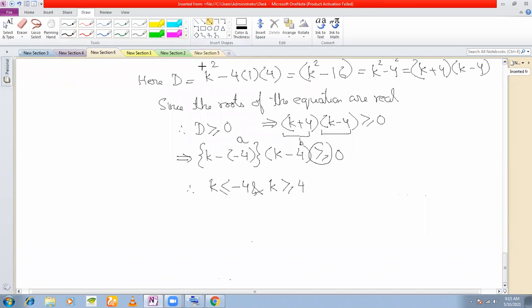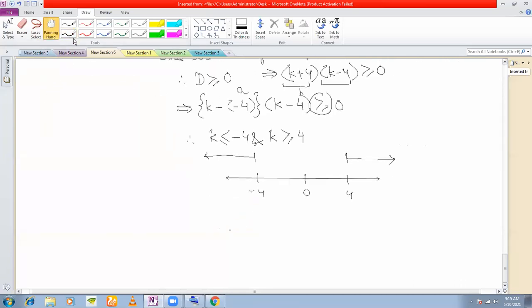So if you have on the number line 0, a minus 4 here, and a plus 4 here, what are the values of K? K can be less than minus 4 and K can be more than plus 4. But it will not lie between minus 4 and plus 4, inclusive of minus 4 and plus 4. So that is what it means.